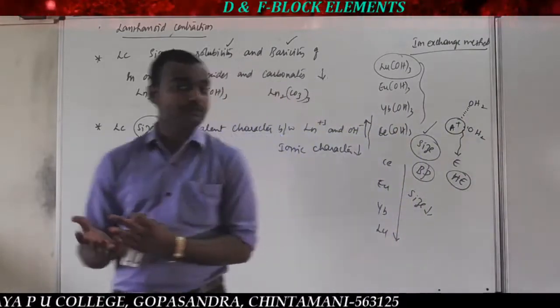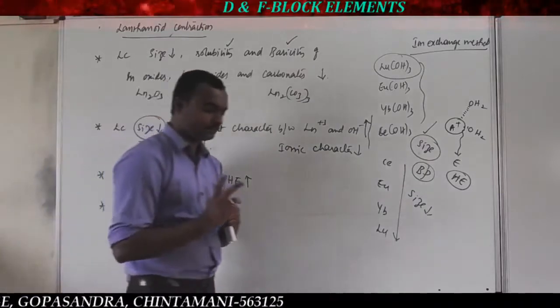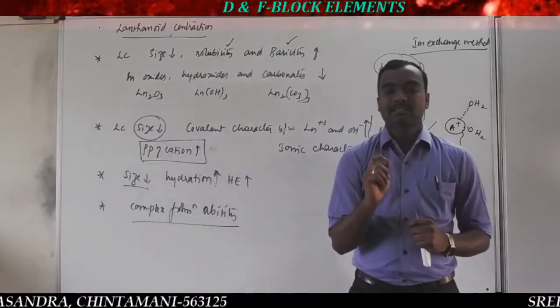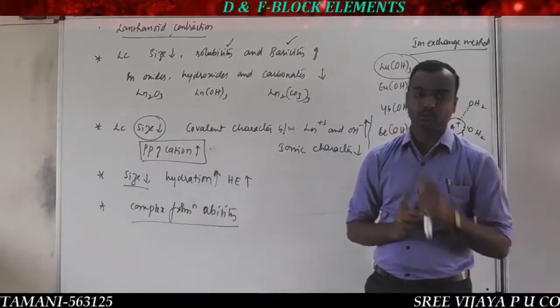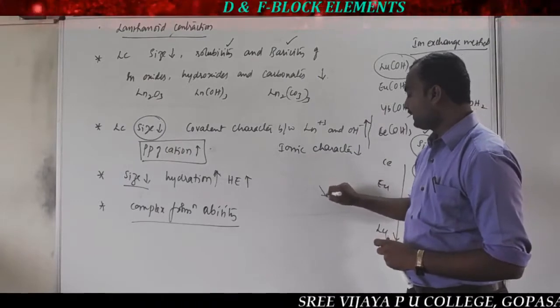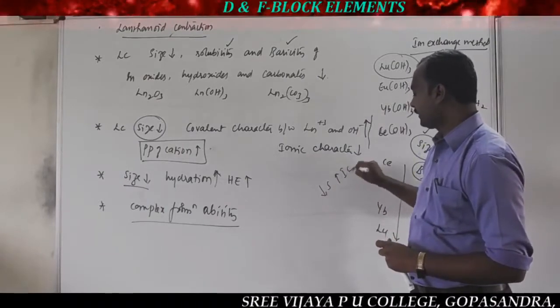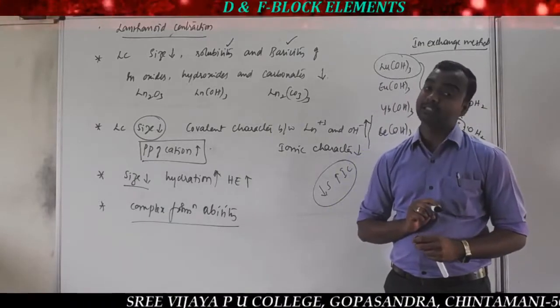More complexes are formed by the d-block elements. I have explained two reasons. One is that they provide vacant orbitals to accept a pair of electrons from the ligands. And the second concept is lower size and higher ionic charge. This is one more reason for complex formation by the d-block elements.